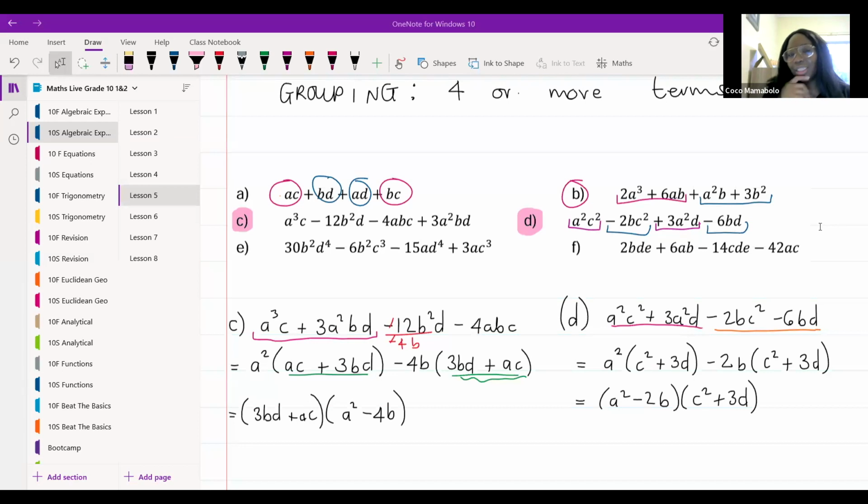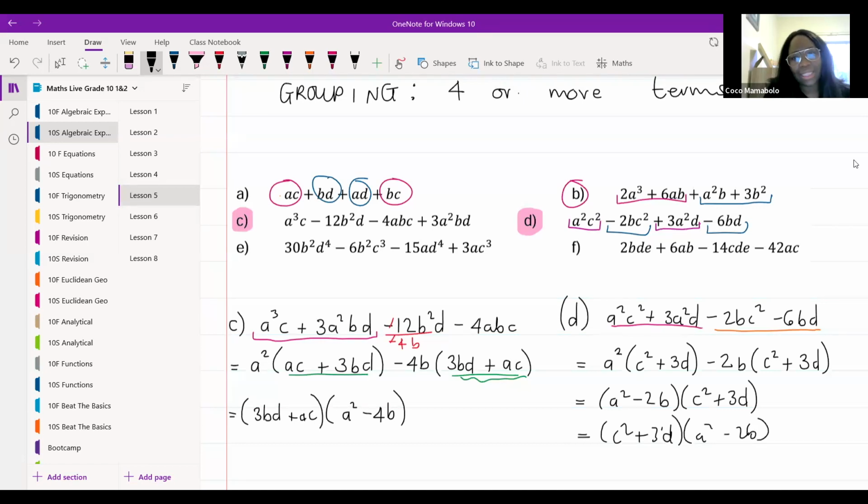Yes, but it was kind of the other way around. You're not wrong at all, my sweetie. Remember, multiplication is also commutative. So let me guess, your bracket looked like this. C squared plus 3, and then a squared minus 2b. Yes, ma'am. There's nothing wrong with that.